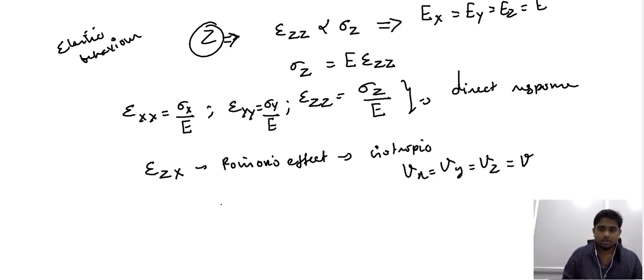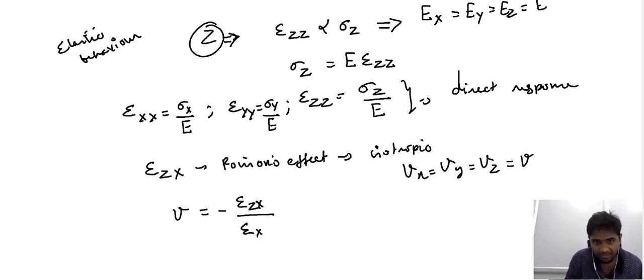Now the Poisson's ratio for the load imposed along the x direction that brings a strain along the z direction is the ratio of the lateral strain, that is epsilon zx, and the longitudinal strain or the strain along the loading direction, epsilon xx.